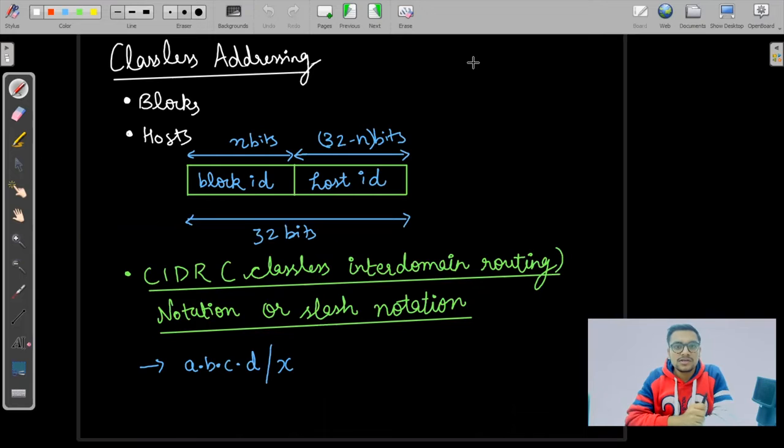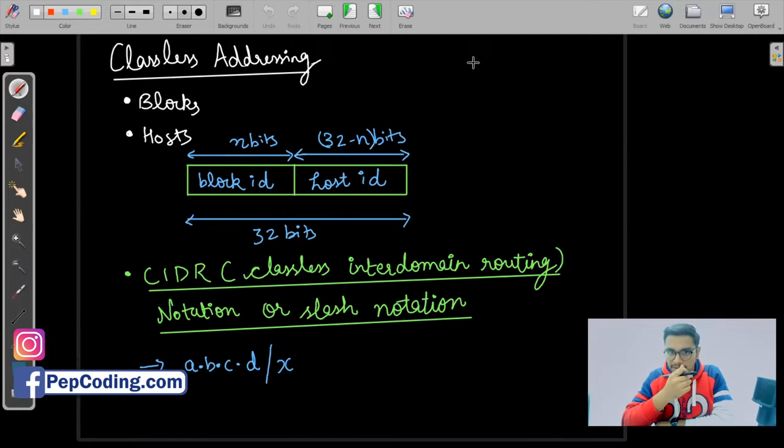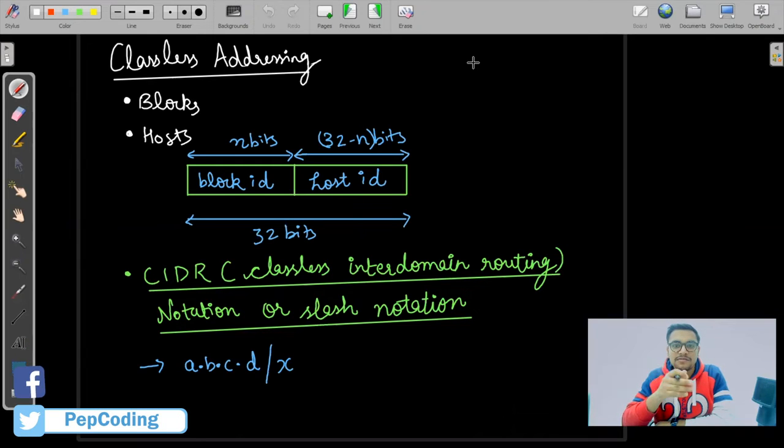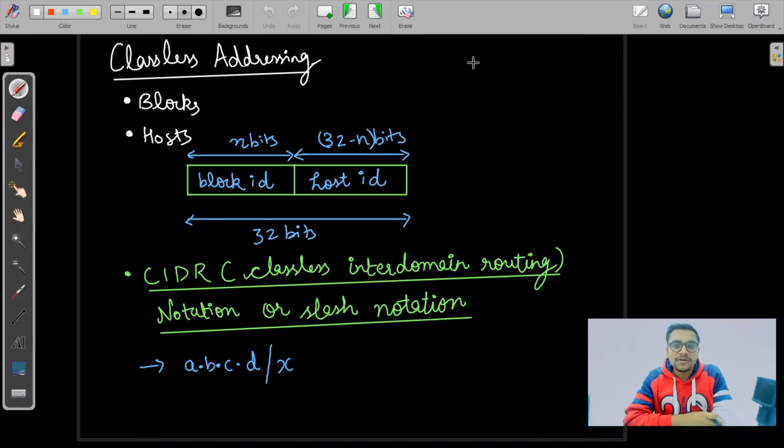In the case of classful addressing, there are certain IP addresses which we divide among different classes like class A, B, C, D and E. But let's suppose I want a customized number of hosts in my specific network.